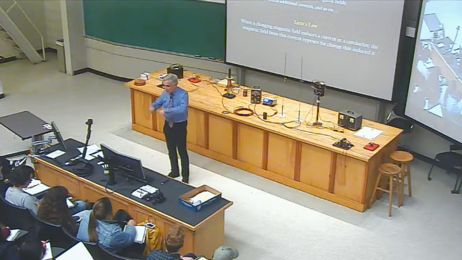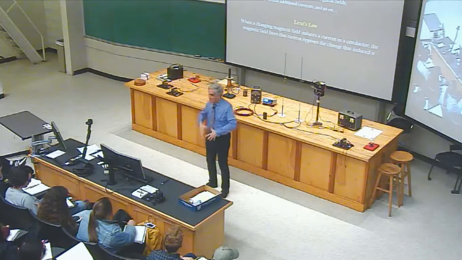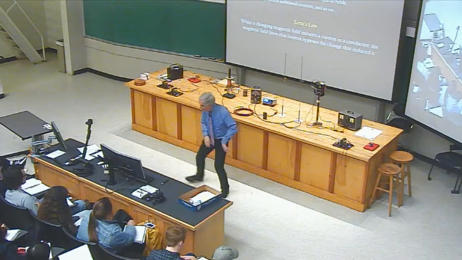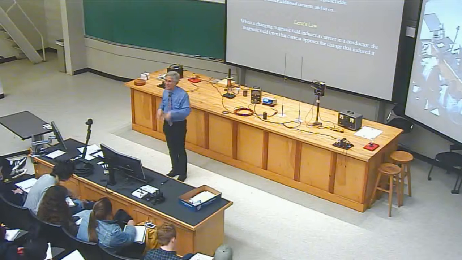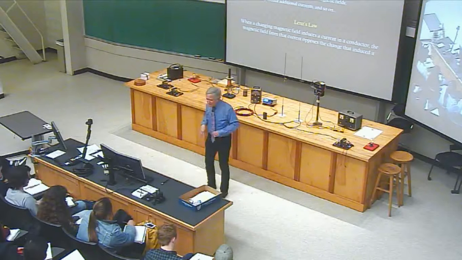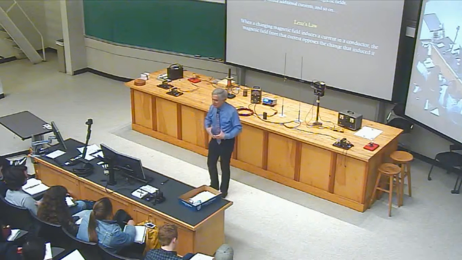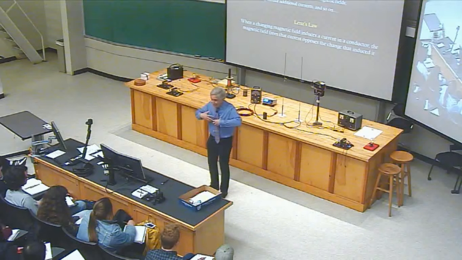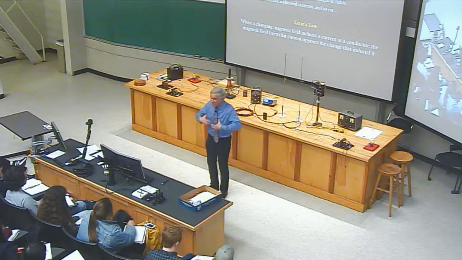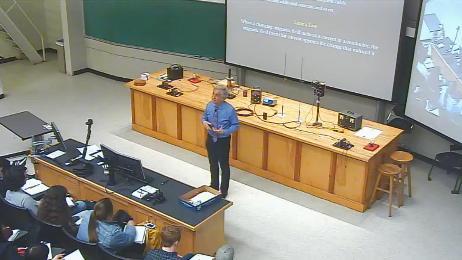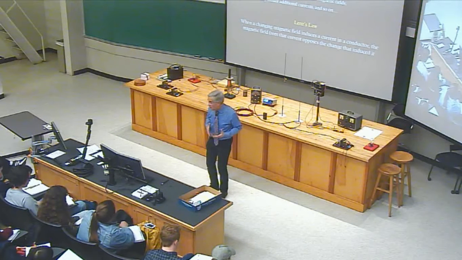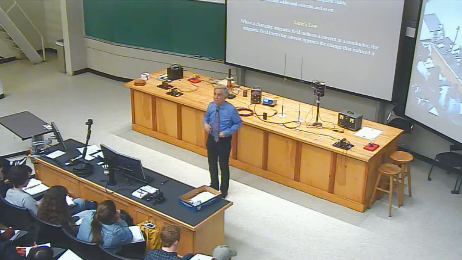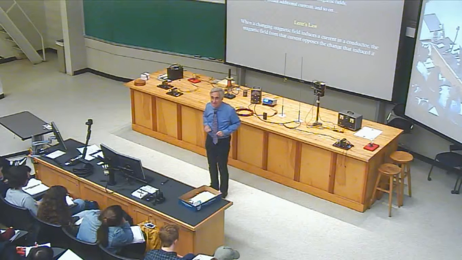Let me rewind for a second back to this idea that moving charges are magnetic, and moving poles are electric. The thing I left out is not only is moving charge magnetic, but changing electric fields are too. And this is actually a new statement. Changing electric fields are magnetic too. A changing electric field can create a magnetic field.